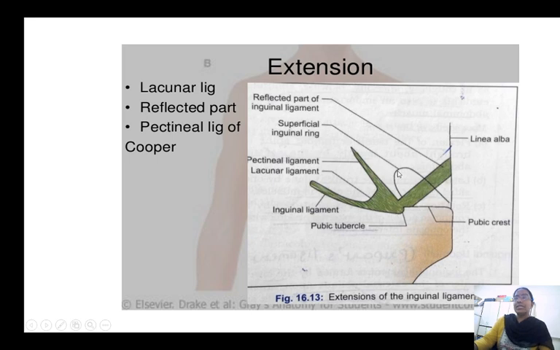These extensions are the reflected part of the inguinal ligament, the pectineal ligament, and the lacunar ligament. We will see each ligament in detail. First, the reflected part of the inguinal ligament.